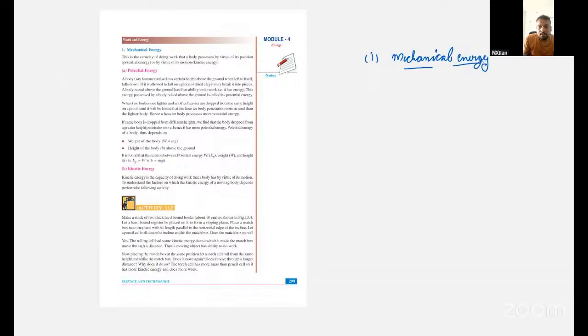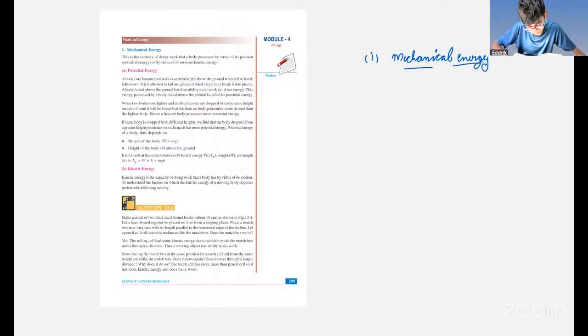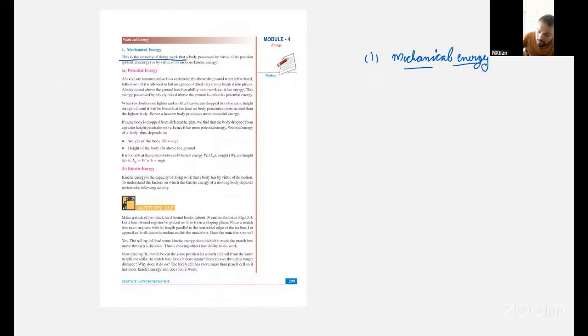Got it? So mechanical energy is the capacity of doing work that a body possesses by virtue of its position, meaning because of the change in position their energy changes, and by virtue of its motion. Everyone, please pay attention.